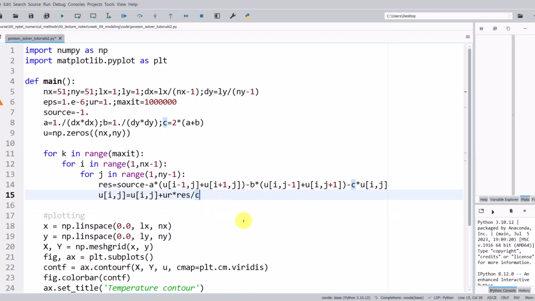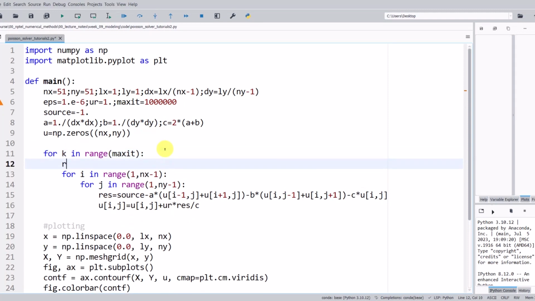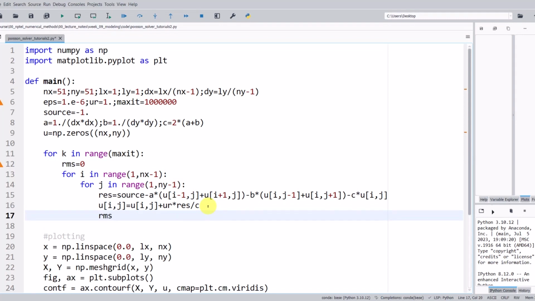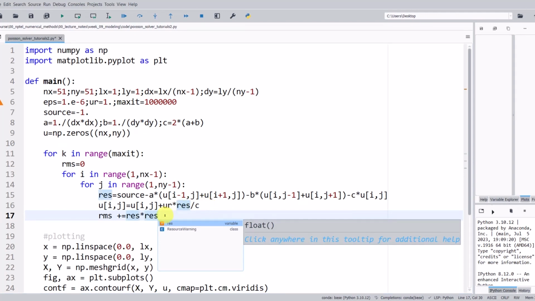Now of course I have to stop the iteration at some point. So for that I have to calculate the square of these residuals. So let's start with RMS 0, and now RMS is equal to RMS plus residual square actually.